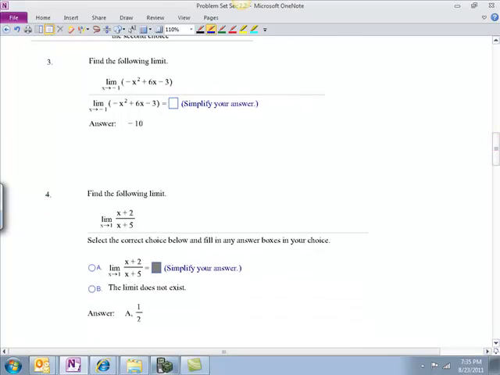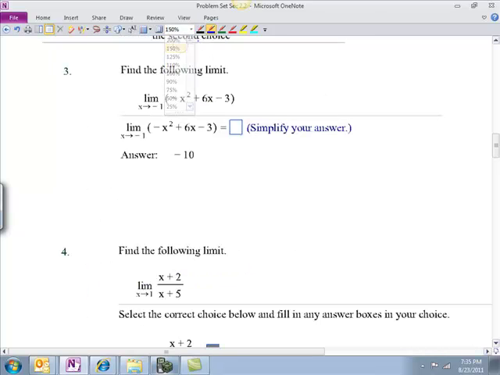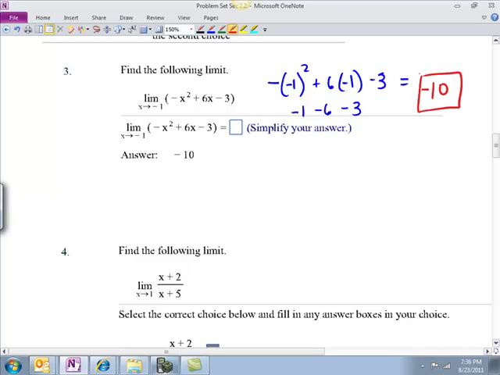Okay, find the following limit. Can you direct substitute? This guy's polynomial. There's nothing on the bottom. We don't have to worry about anything. Can we do direct substitution? Yes. So just take -1, plug it in here. Your answer's already there for you. So just verify that. So you get -10.